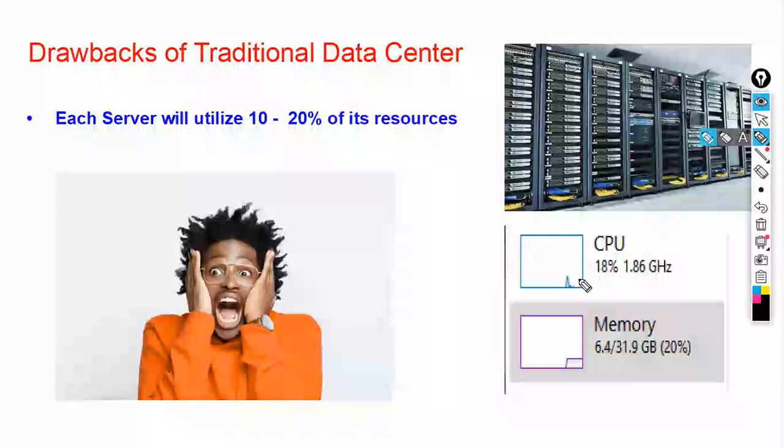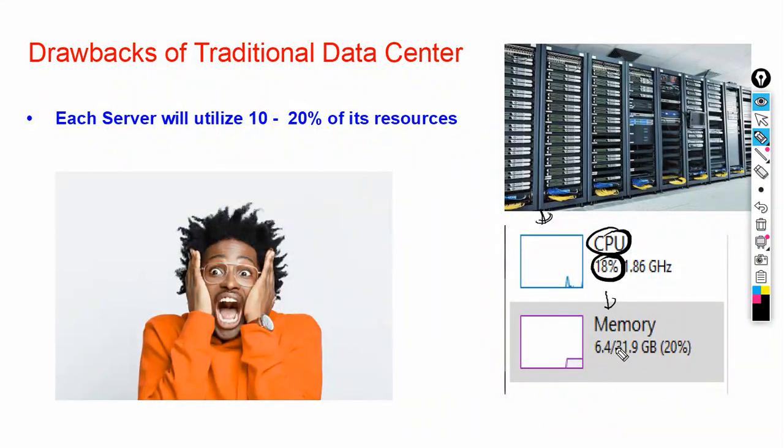And guys, the shocking part is that in the traditional data center, each server will utilize only 10 to 20% of its resources, like CPU and memory. I've taken a screenshot of one of the computers. What is the CPU utilization here? 18%.